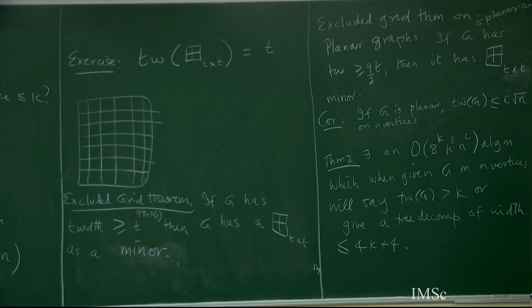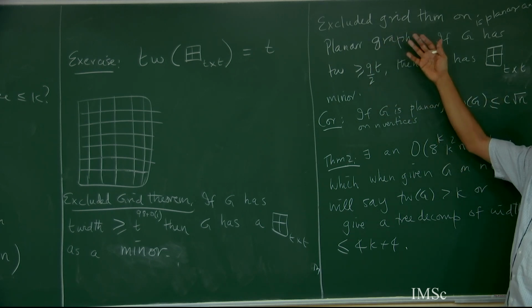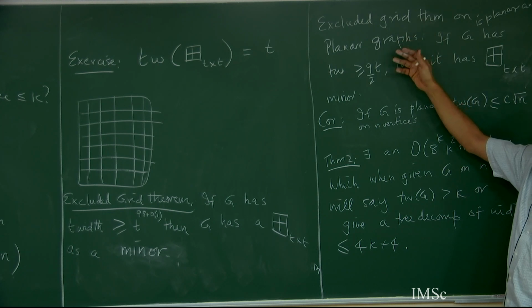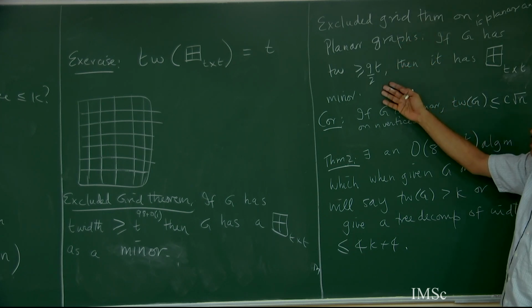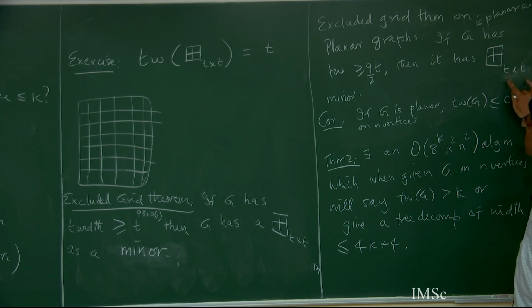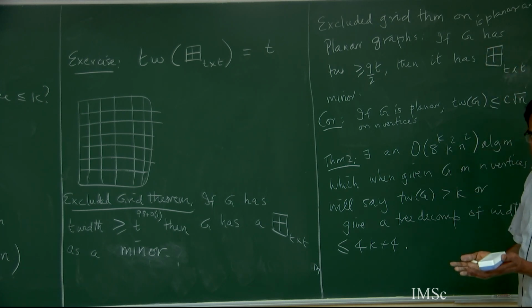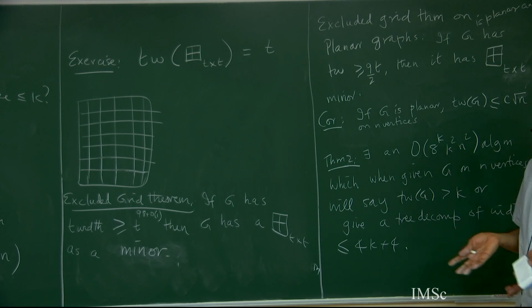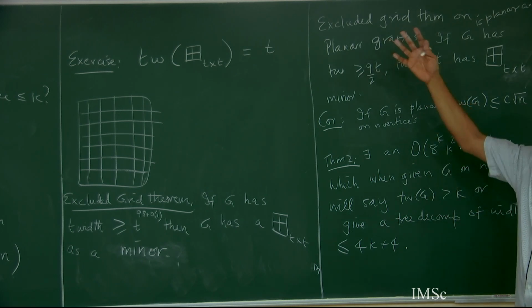You have n vertices. Why? Because if the treewidth is larger than 9 by 2 times root n, then this theorem says it has a root n by root n minor. What is a root n by root n minor? How many vertices does it have? n vertices, right? So how can a minor have more vertices than the original graph?